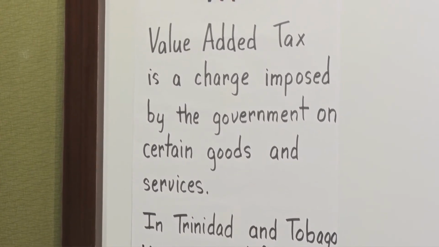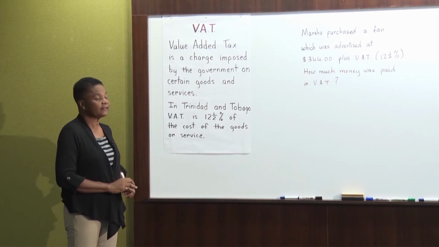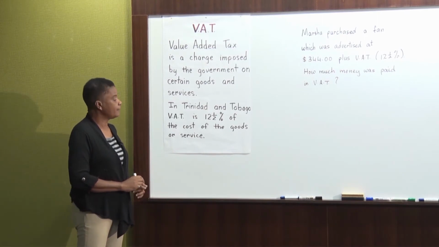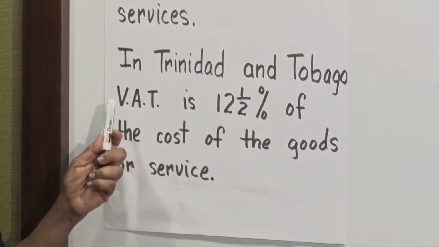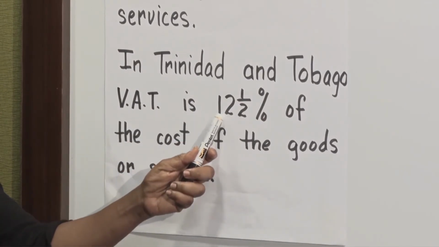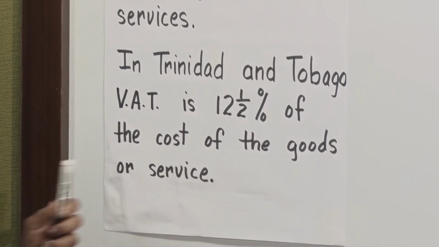Value-added tax is a charge imposed by the government on certain goods and services. In some countries, it is 10%, in some 6%, but in Trinidad and Tobago, value-added tax is 12.5% of the cost of the goods or service.